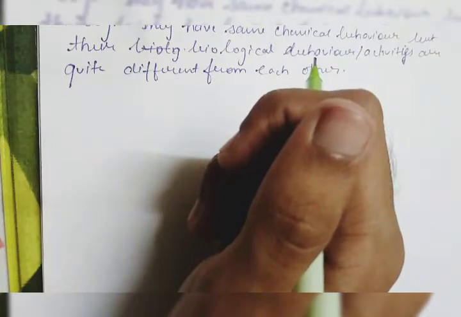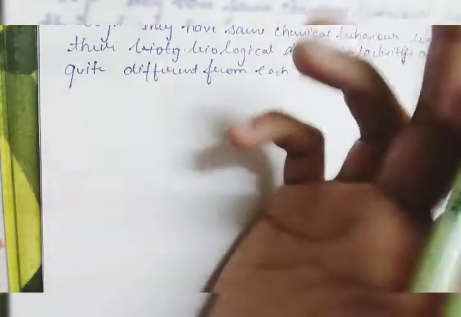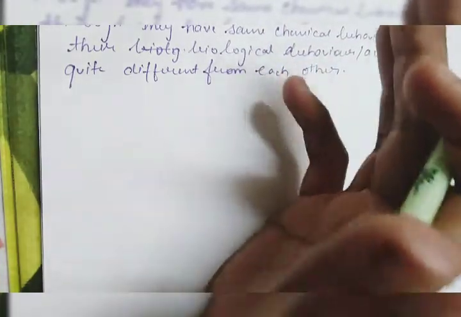Let's discuss the basic concentration of the above mentioned ions, sodium, potassium, magnesium and calcium in the living cell.